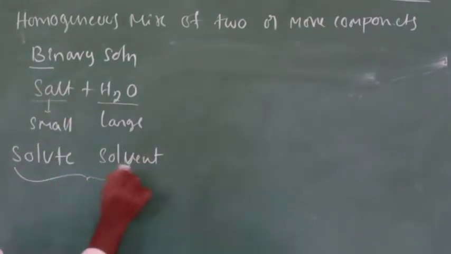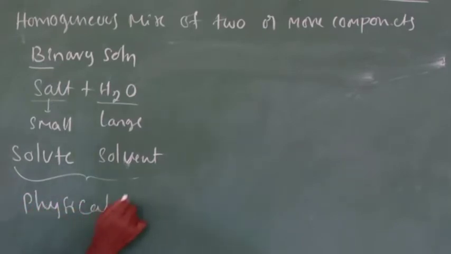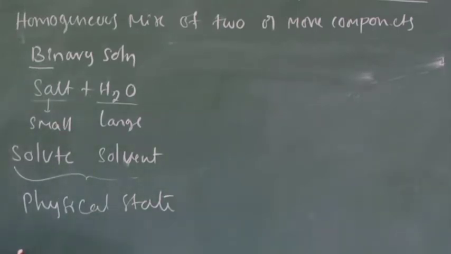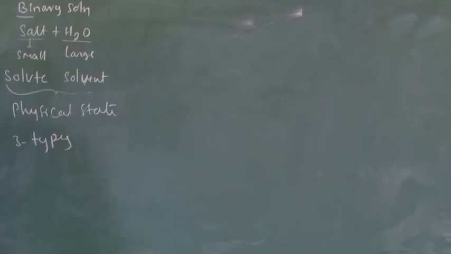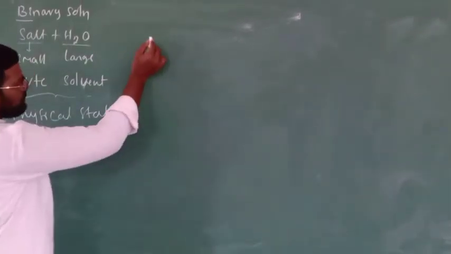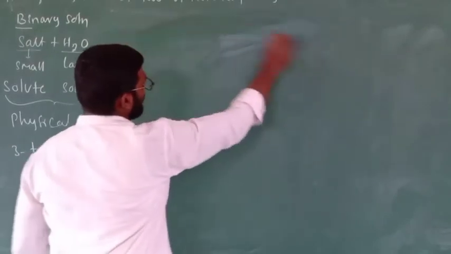Now, binary solutions contain two components, a solute and a solvent. Now, based on the physical state of the solvent, solutions are classified into three types. They are gaseous solutions, liquid solutions and solid solutions.